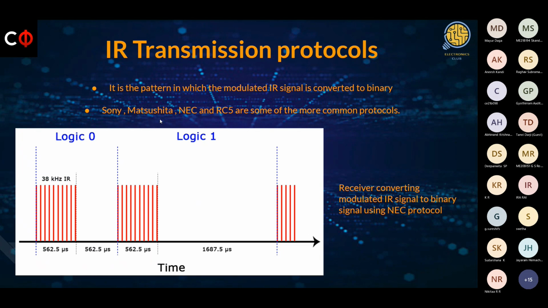Going further, there is a particular protocol followed by IR remotes, which is nothing but the pattern in which the modulated IR signal is converted to a binary signal. The modulation is generally done by a 38 kilohertz frequency, which we call the carrier signal.